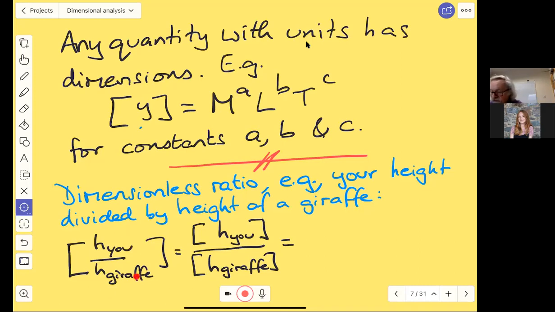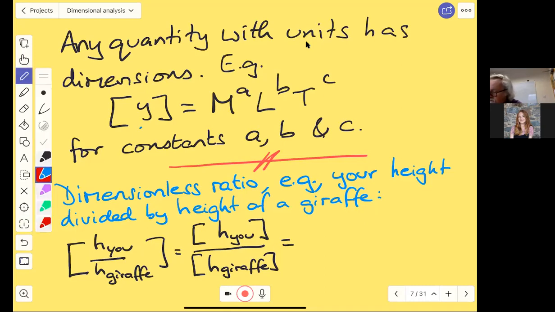And that ratio is just a number. In terms of units, it would be some number of meters over some number of meters. It's just a number, presumably significantly less than 1. The dimensions of this are the dimensions of the numerator divided by the dimensions of the denominator.